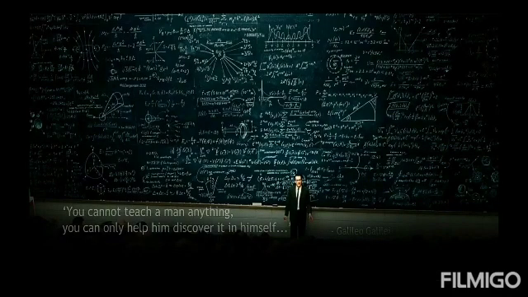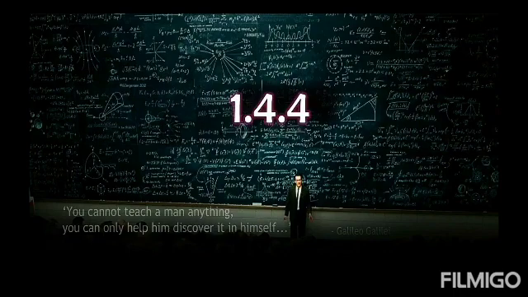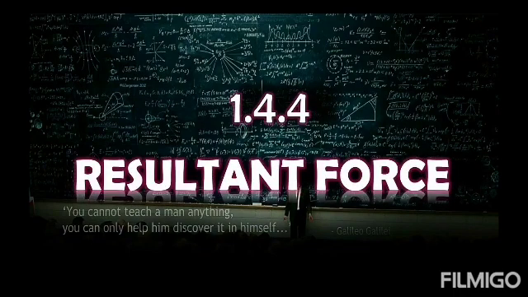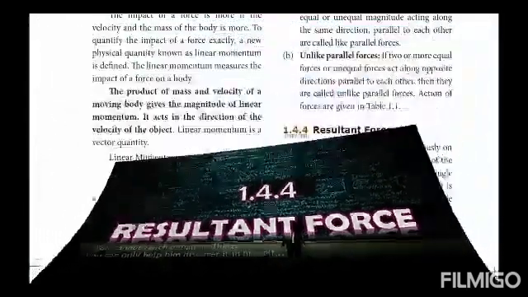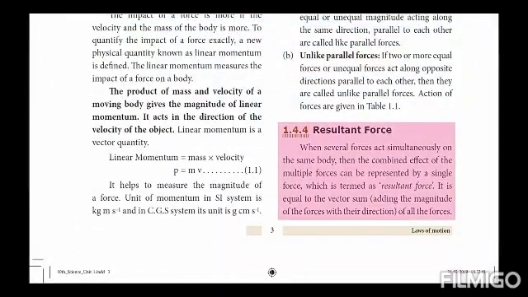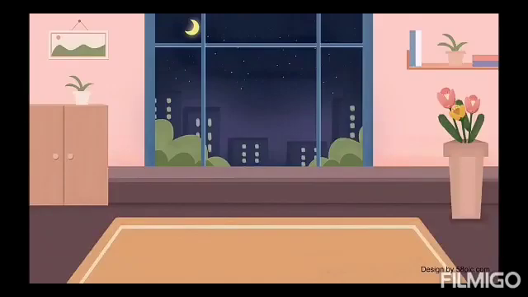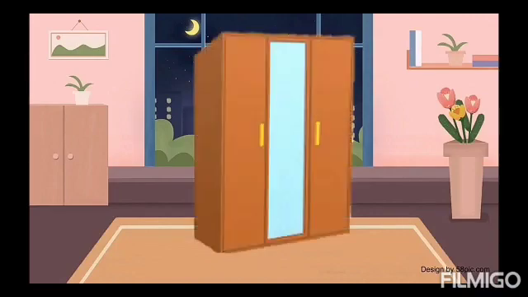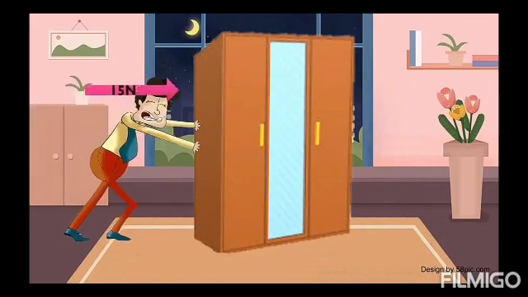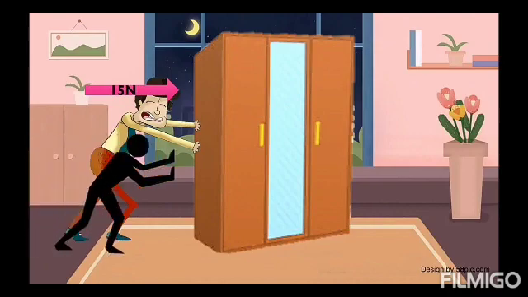Next one is resultant force. In book page number 3, the resultant force. Now close your book and listen here. We can learn about resultant force. Imagine there is a cupboard on the roof. The first person came to push the cupboard with 5 Newton. The cupboard doesn't move.